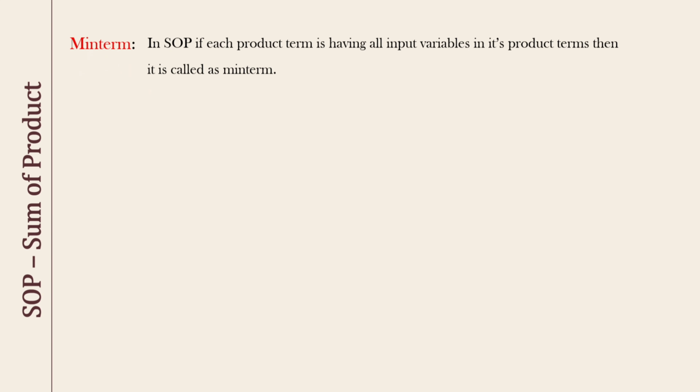In SOP, we all know that we are going to sum all the product terms in the equation. If a product term has all the variables which are inside the function, then it is called a minterm. Here we took the example f(a, b, c) = abc + cb + bac.